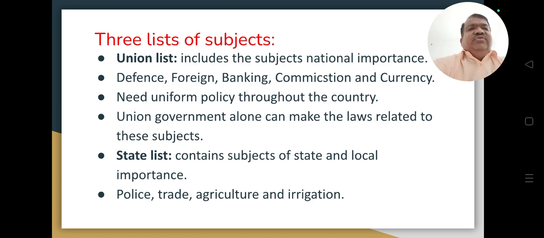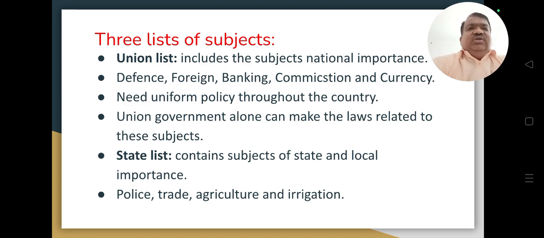Like this, 97 departments are there which are wholly looked after by central government. And these subjects need uniform policy throughout the country. That's why the union government alone can make the laws related to these subjects.